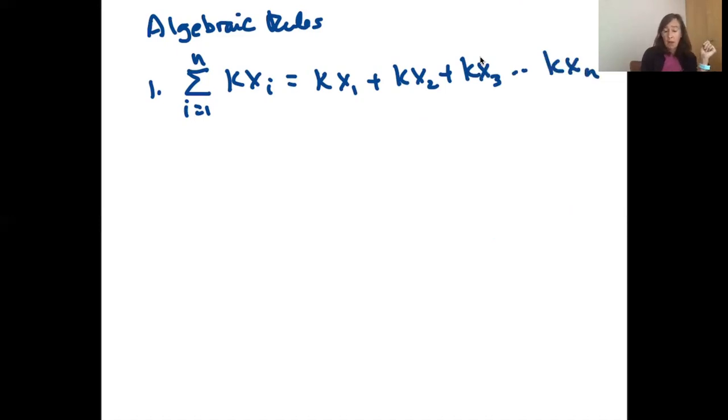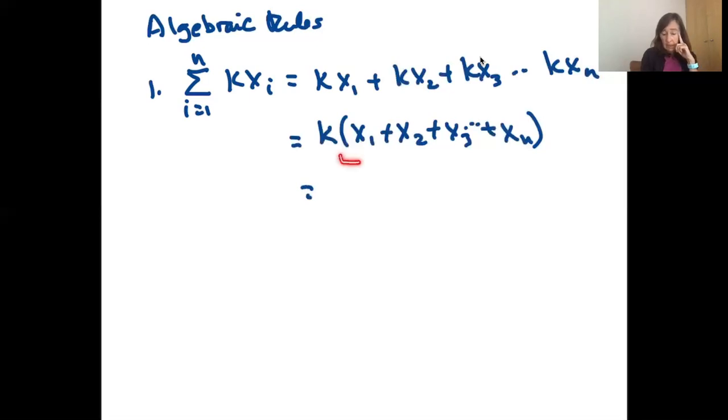Fine. If I see this sum, I'm going to use the distributive property and I'm going to factor out that k. I'm going to say that it's just equal to k times x1 plus x2, and so on, all the way up to xn. Oh, and look at that. I might rewrite this using summation notation. Okay, let's do it that way.